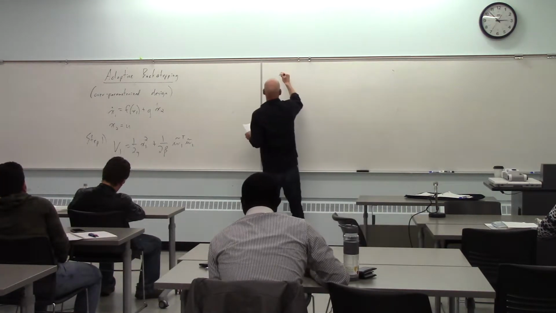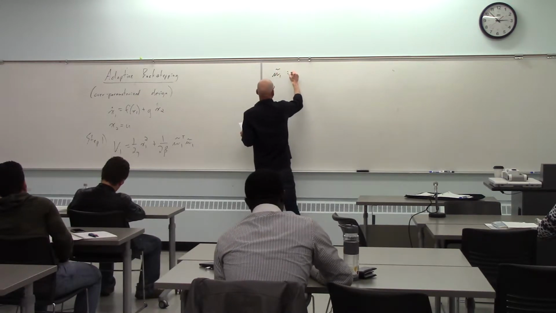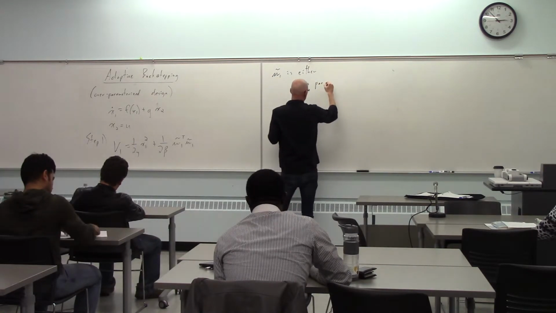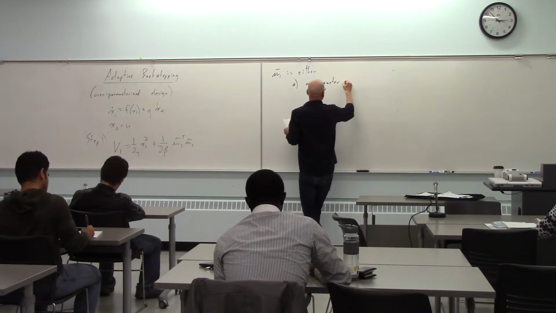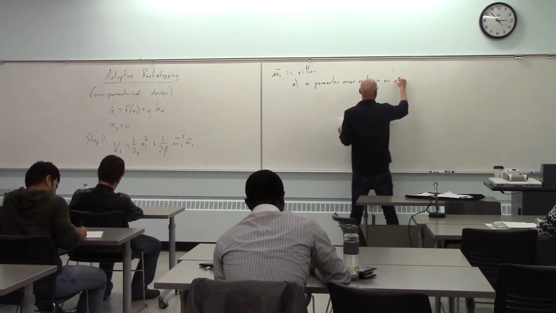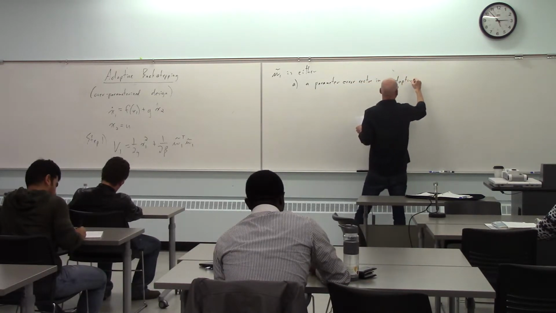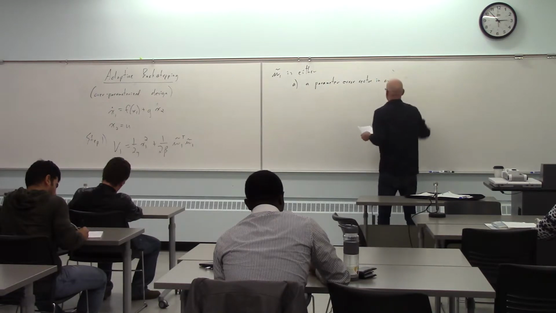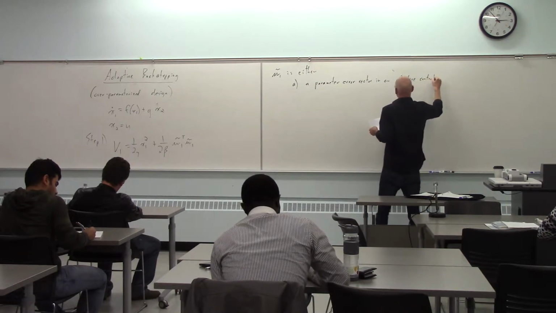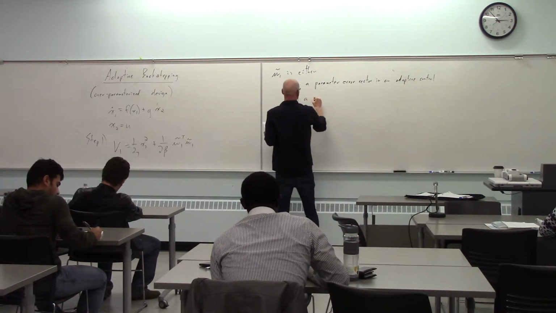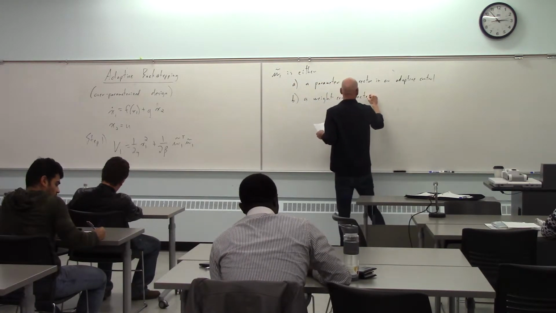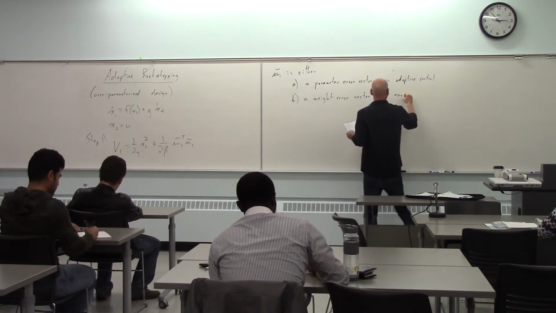So here, W1 tilde is either A, a parameter error vector in an adaptive control, or B, a weight error vector in a neural network control.